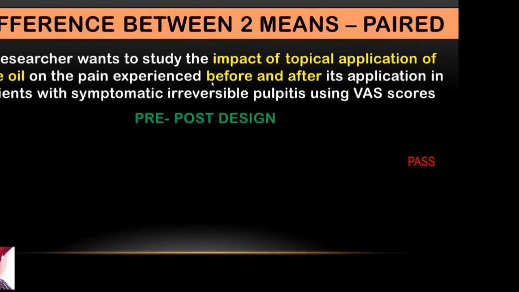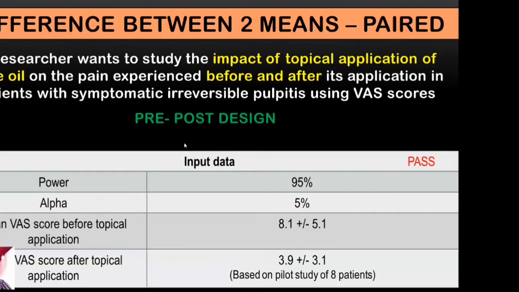Why is it mean? Because we are going to assess the pain using VAS scores. VAS scores are mean and standard deviation. So difference between two means, and it's paired data because of the pre-post design. What are the input data needed? Power 95%, alpha 5%, mean VAS score before the topical application is 8.1, and after topical application is 3.9.